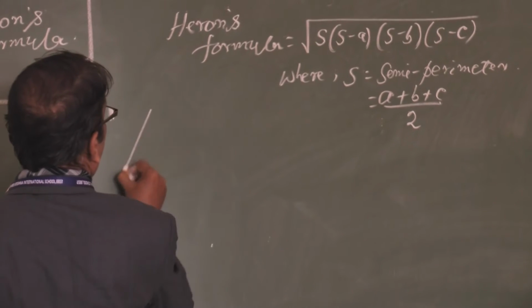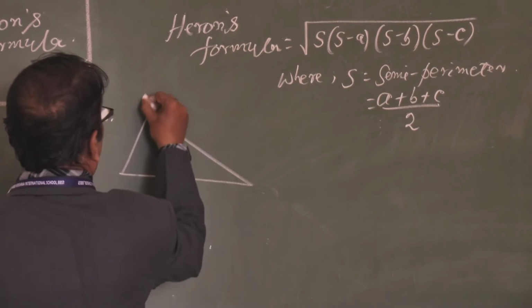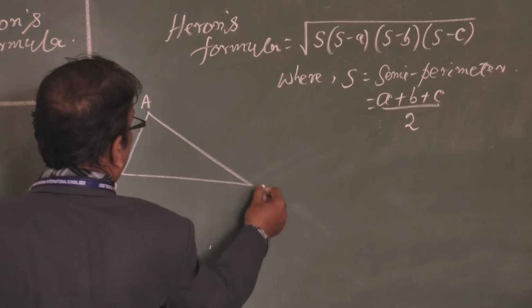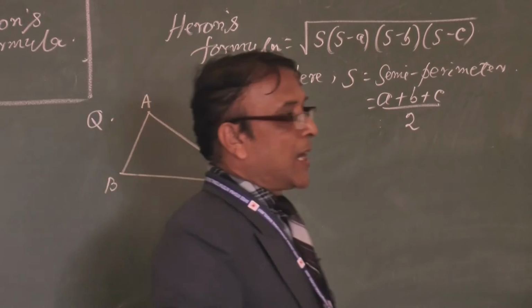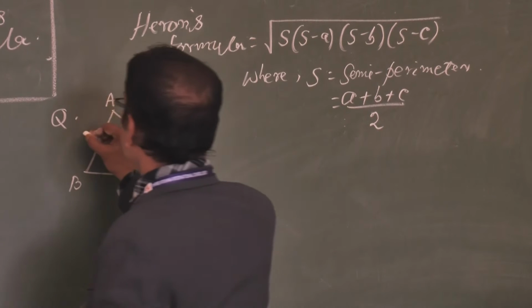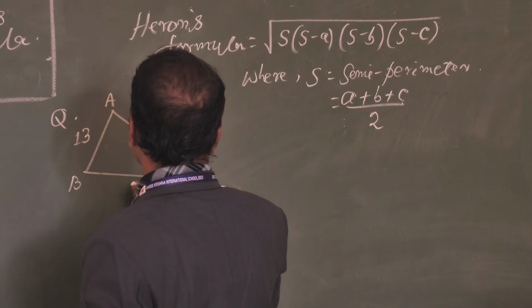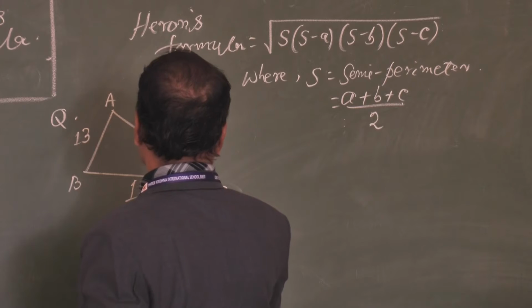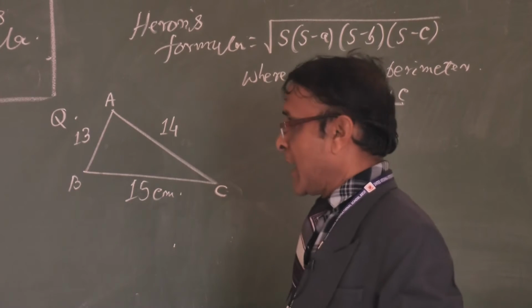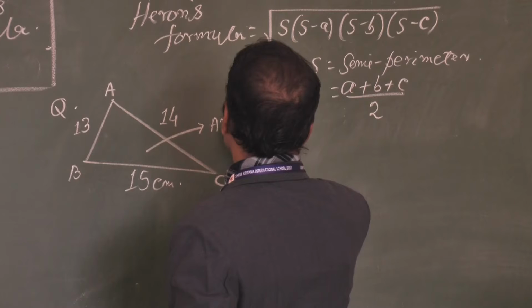Suppose a triangle ABC is given to you, and the three sides of this triangle are 13 centimeter, 14 centimeter and 15 centimeter. It is asked to find the area of this triangle.